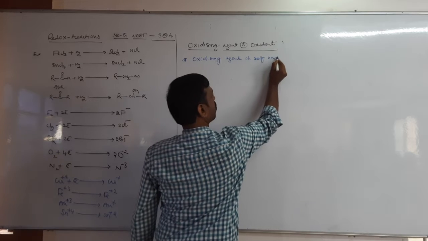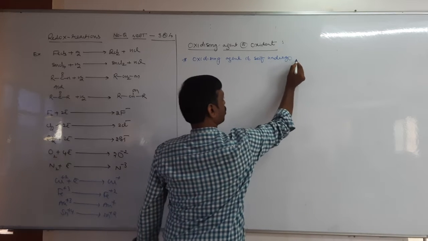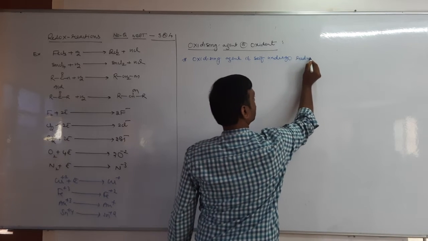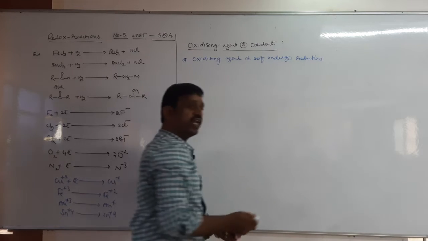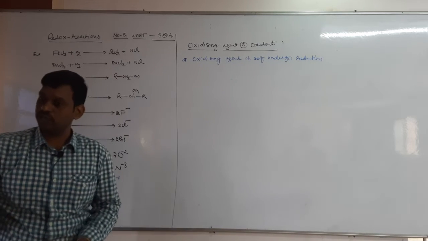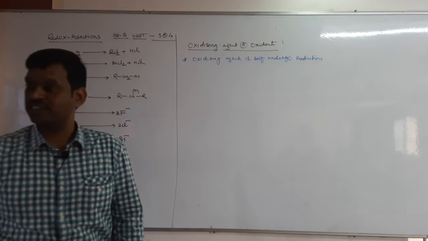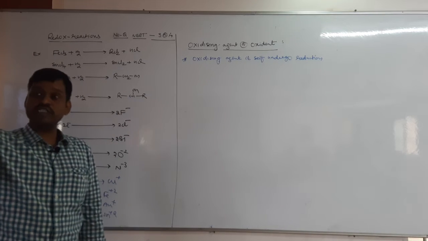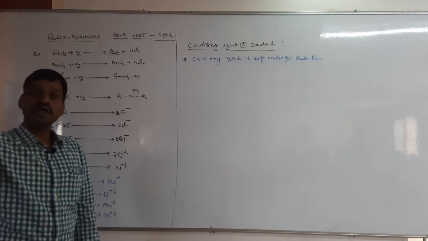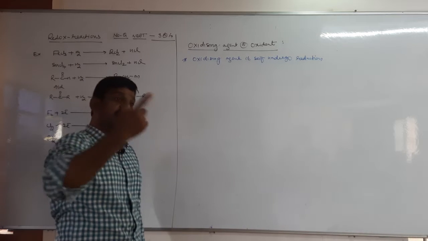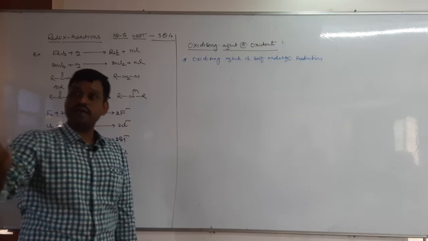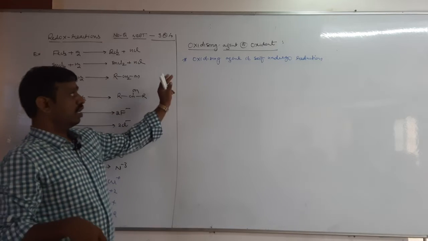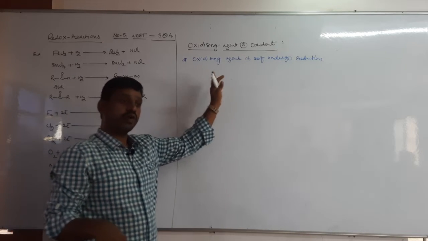Therefore, now tell me, oxidizing agent itself undergoes reduction. Then what is the definition of oxidizing agent? Very good. The substance which oxidizes. Okay, that we study later. But simple definition: oxidizing agent itself undergoes reduction.